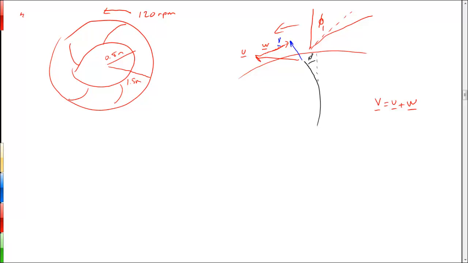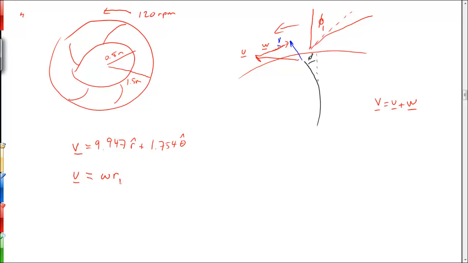So we know, as we just said, that V is equal to U plus W. We know from above that V, the absolute velocity, is equal to 9.947 r hat plus 1.754 theta hat. That's what we found from the 10-degree turn in the stator in part A. We know that U, the velocity of our rotating reference frame, is given by omega r.